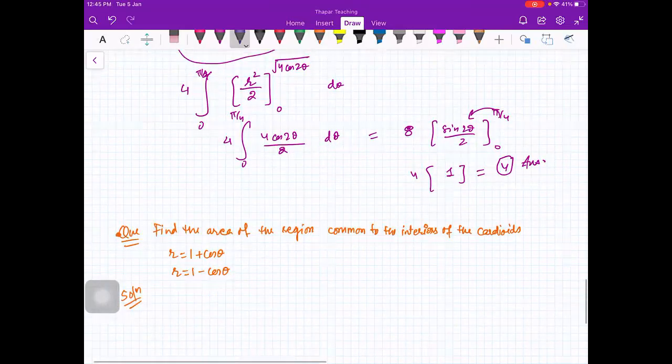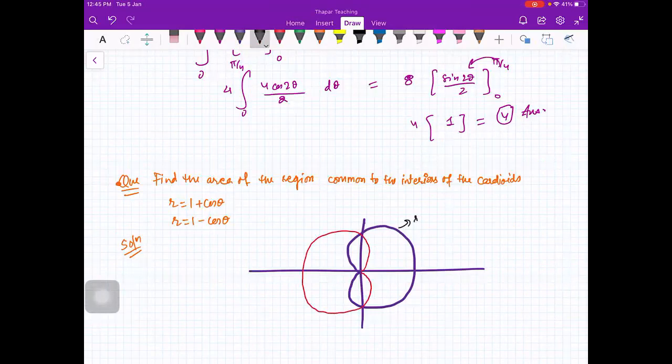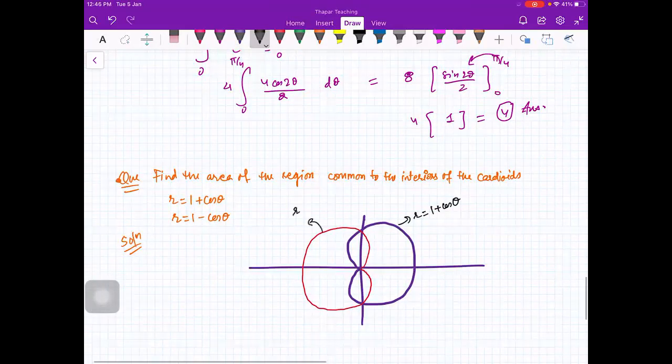So you have to plot these two cardioids. r is equal to 1 plus cos theta is something like this. And r is equal to 1 minus cos theta is something like this. So this here is r is equal to 1 plus cos theta, and this here is r is equal to 1 minus cos theta. Clear? We have to find out which area.